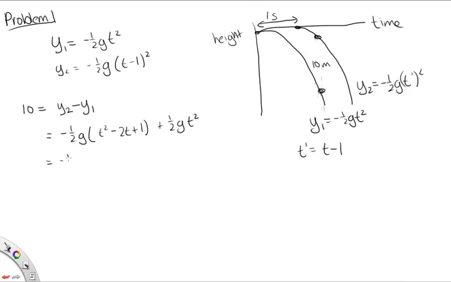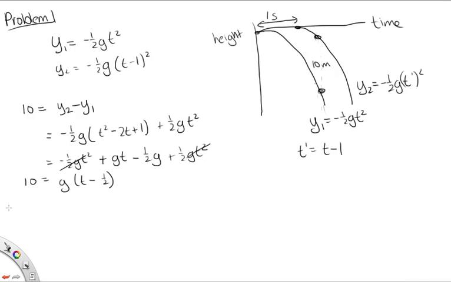Expanding the brackets, we've got minus a half gt squared plus gt minus a half g plus a half gt squared. This term and this term will cancel each other out, giving us 10 is equal to g(t minus a half). Okay, so g is equal to 9.8 meters per second squared.